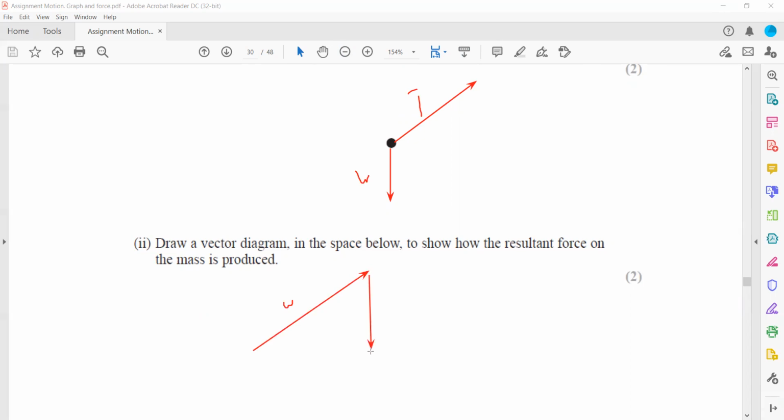My starting and ending points are not the same. If the starting and ending points are not the same, it means there will be a resultant. Tension is there, weight is acting downward, so there will be a resultant. To get that resultant, if I join the tail of the first to the head of the last, that will be the resultant. So we have to show that the starting and ending points won't be the same. That's why there will be a resultant force acting on this system. Is it clear?